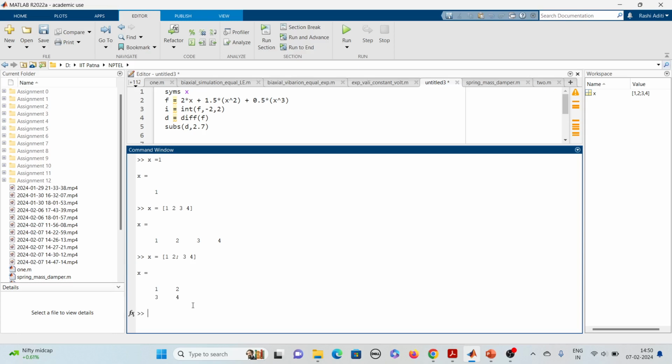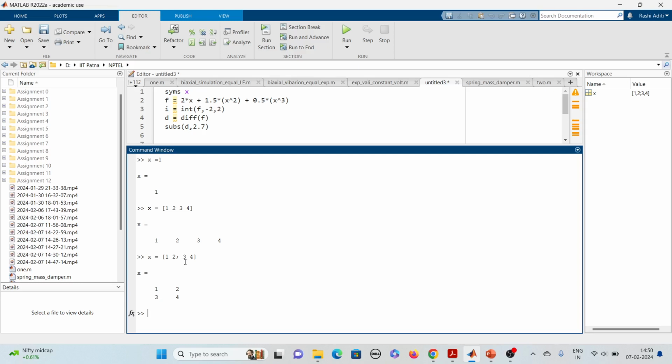What is happening is that if I write x like this, it makes one row with 4 columns. And if I write x like this, it essentially has 2 rows and 2 columns. So a space or comma puts the value in the same row.